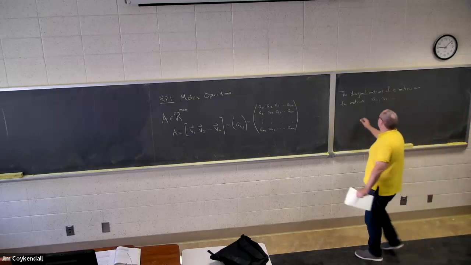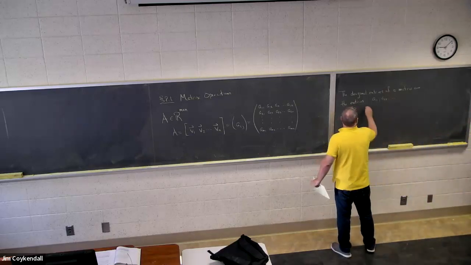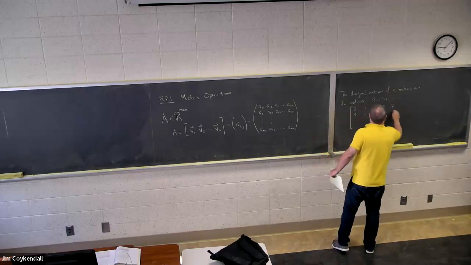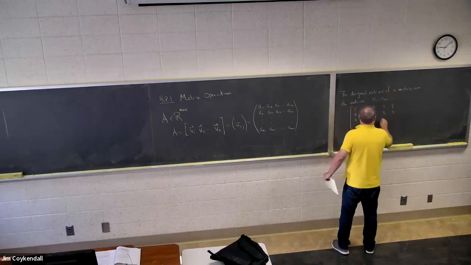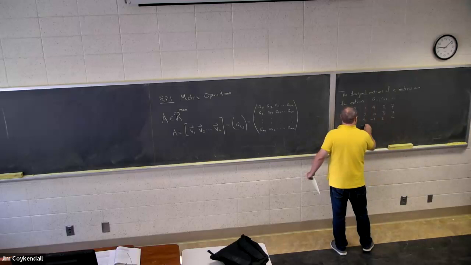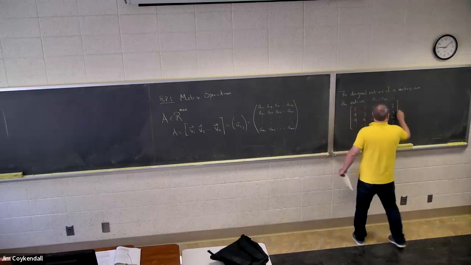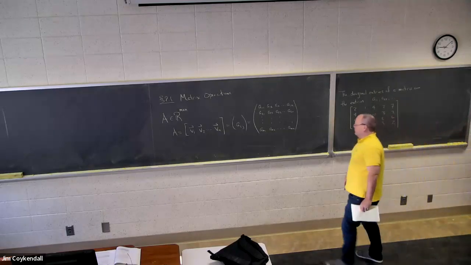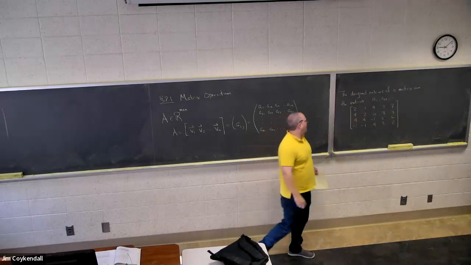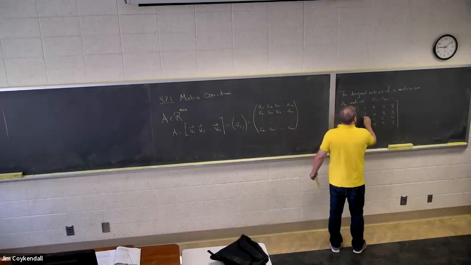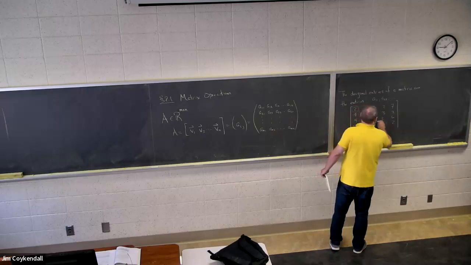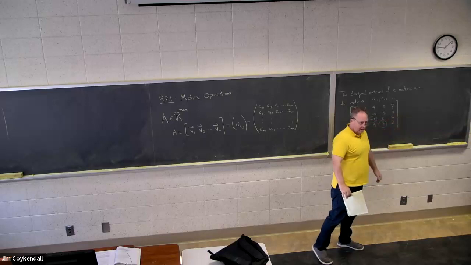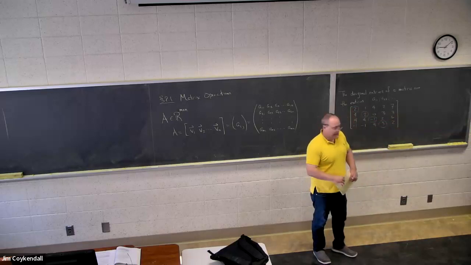So for example, if I have the following matrix, this is a 4 by 5 matrix, right? I've got 4 rows and 5 columns. The diagonal entries are first row, first column, second row, second column, third row, third column, fourth row, fourth column. There is no diagonal entry corresponding to this last column because the matrix is too short, right?